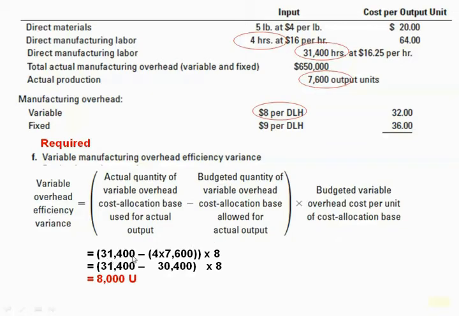So 31,400 minus 4 multiplied by 7,600, all multiplied by 8, which equals 31,400 minus 30,400 multiplied by 8, which equals $8,000 unfavorable variance.